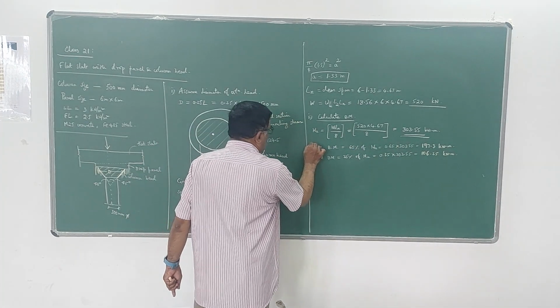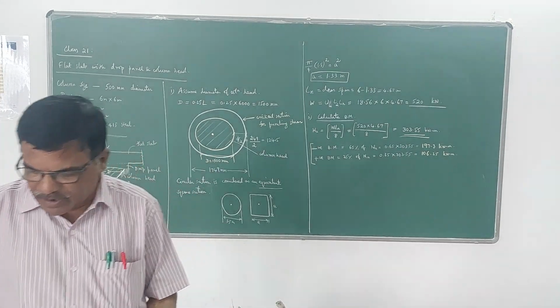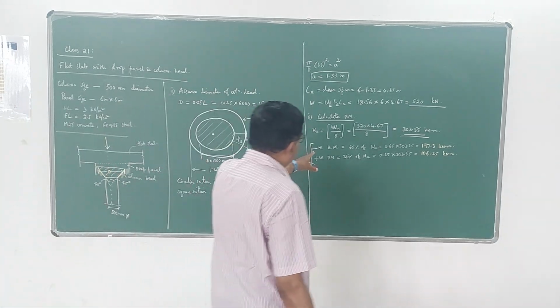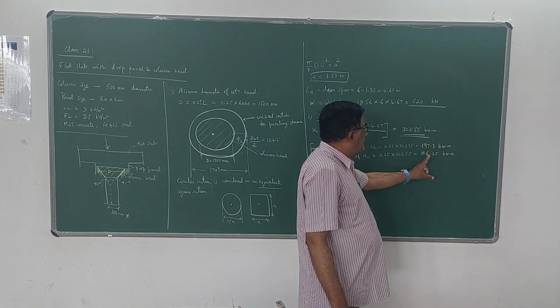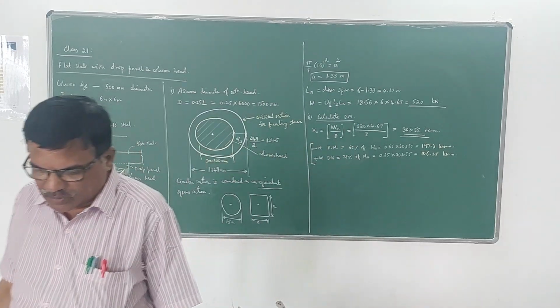Next, one more step. Your design moment will be 0.75 of this and 0.6 of this, as per the code.